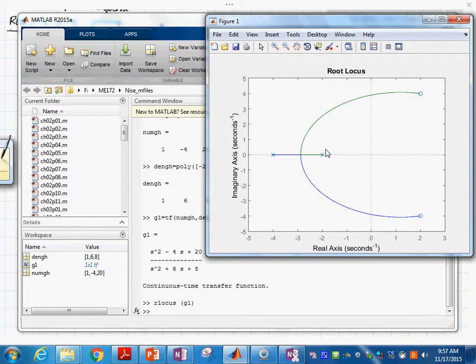So you basically start over here. But if you change the gain, you change the k, what's going to happen is the zeros are going to come this way, like that, and the poles are going to go this way.